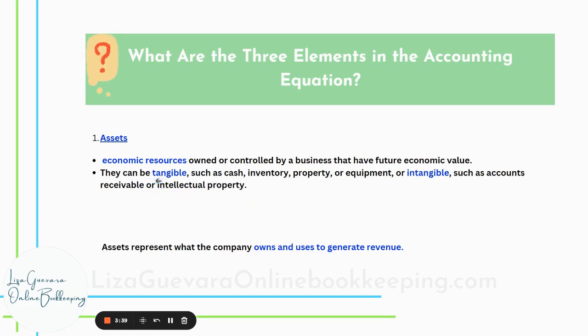Tangible assets are those which can be touched, which are physical in nature. For example, cash, property, and equipment or inventory. Intangible assets are those that cannot be touched. Examples are accounts receivable or intellectual property. So, in other words, assets are those which the company owns and uses to generate revenue.